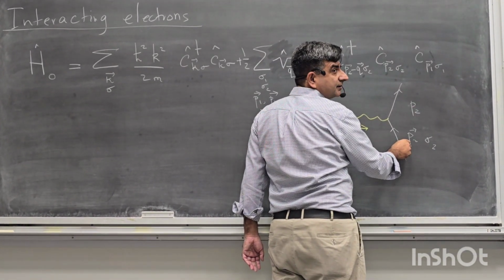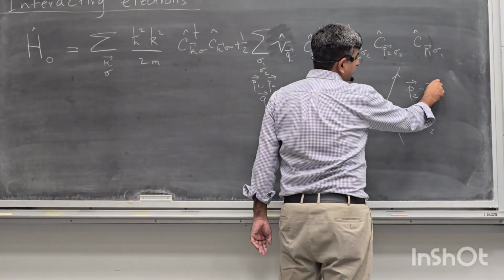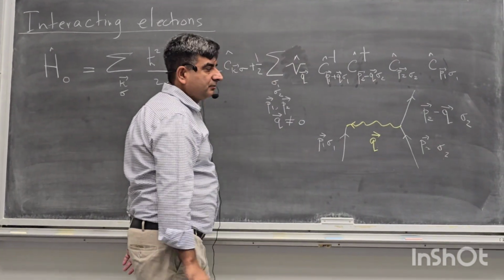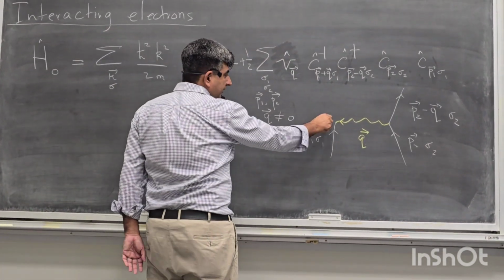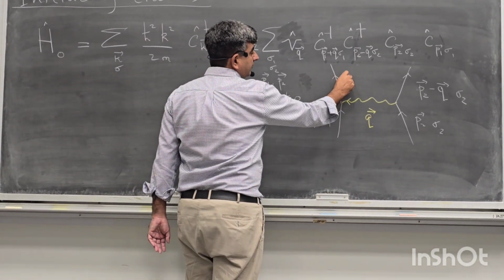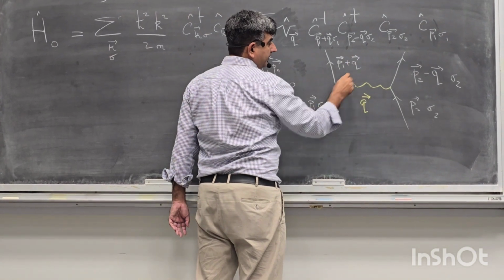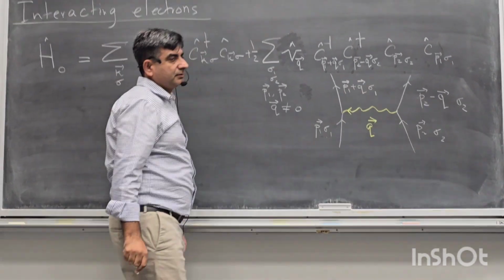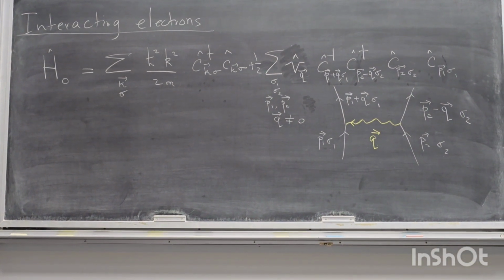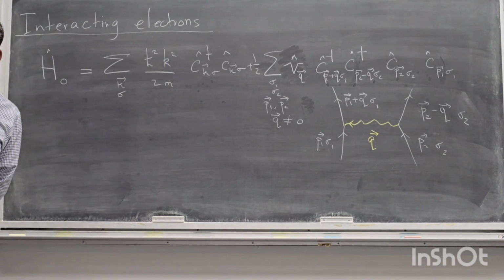This electron has decremented its momentum by this Q, but its spin remains unchanged. This electron picks up the momentum Q, and its spin remains unchanged. Okay, so this is the overall Hamiltonian that we have for an interacting system.